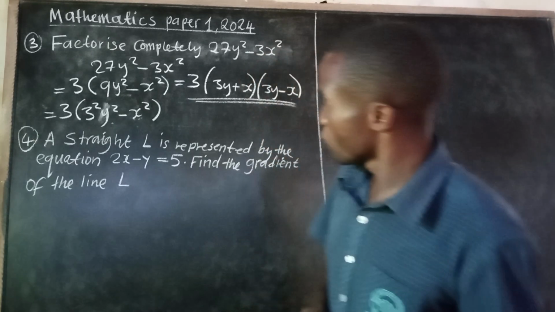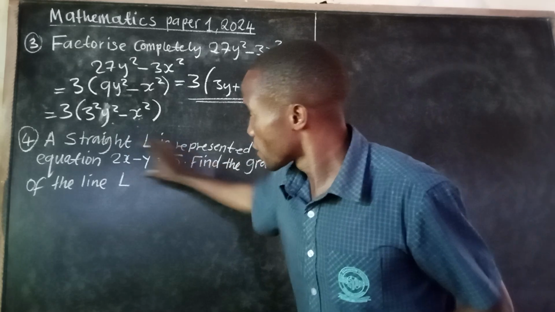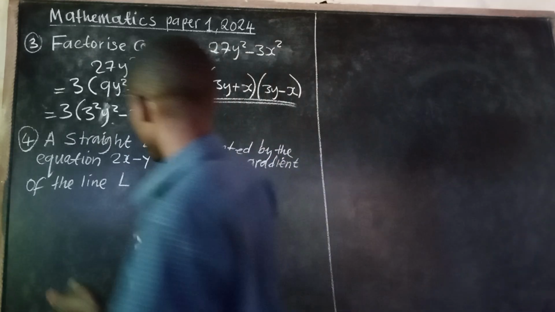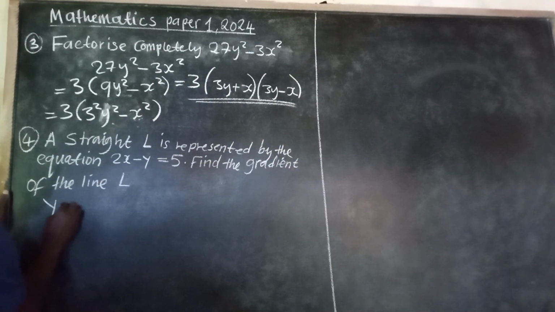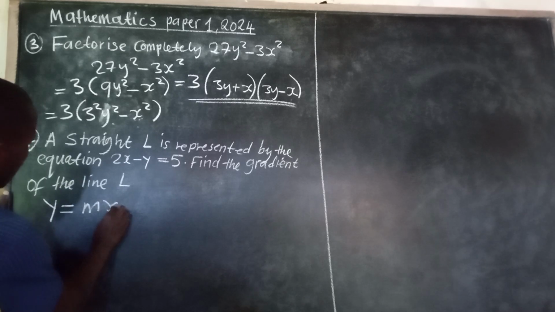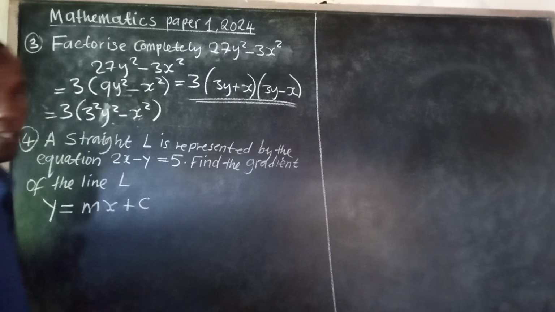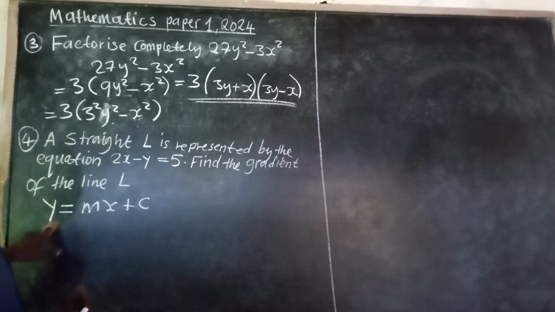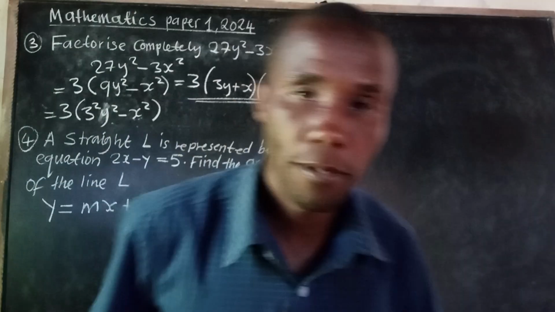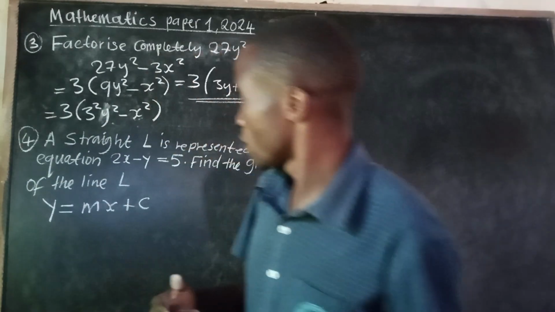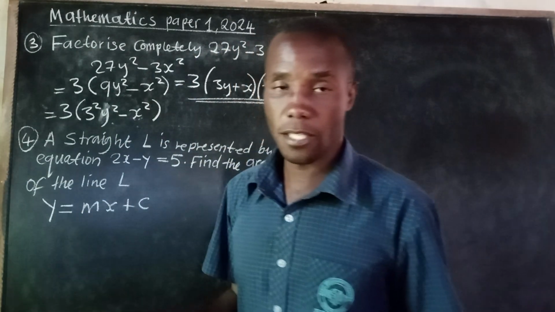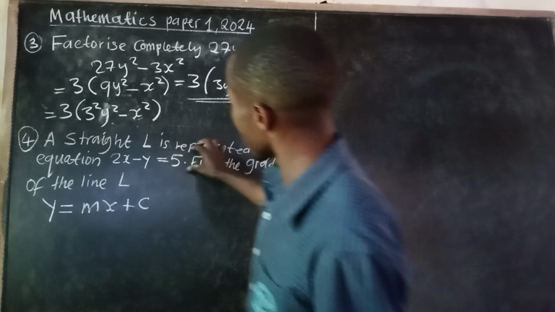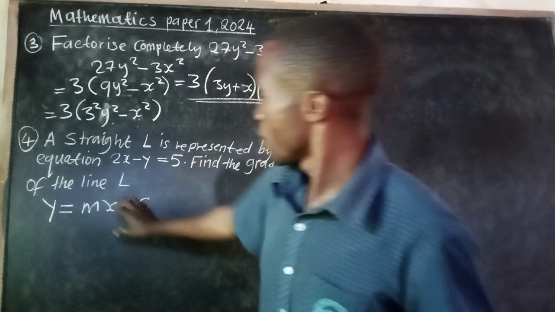To find the gradient from this equation, we follow the gradient-intercept form. We are going to make this equation in this form. Remember, gradient is represented by the letter m, meaning the coefficient of x will be our gradient after rearranging this equation in this form.